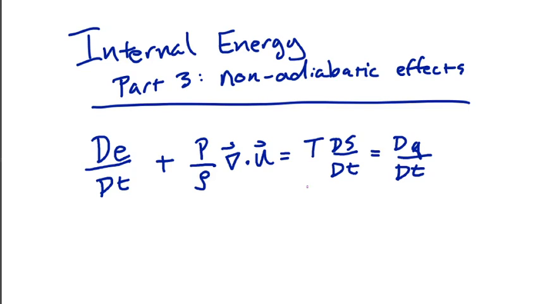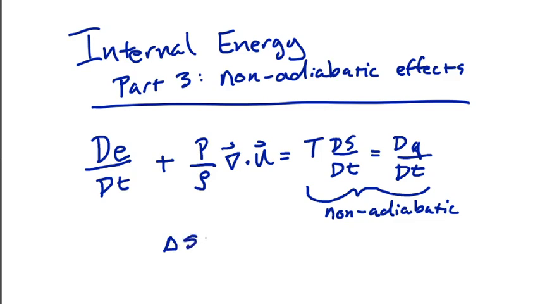And these terms over on the right-hand side, either the T dS/dt or the dq, these are the non-adiabatic effects. And we use that terminology because these are the effects where delta S, the change in specific entropy, is not zero.